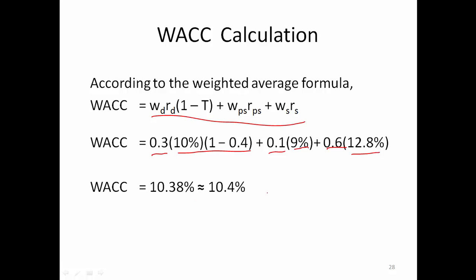That is our estimate of the weighted average cost of capital for this company.